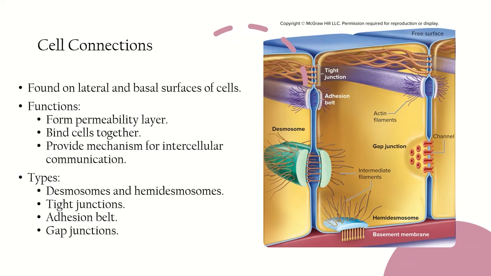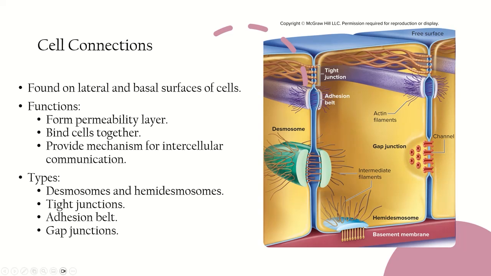They are there to form an impermeable layer, as in your tight junctions here. They are there to bind cells together via adhesion and desmosomes. They provide mechanisms for intercellular communication between cells, right? Because they're like little portholes to send signals through, right?